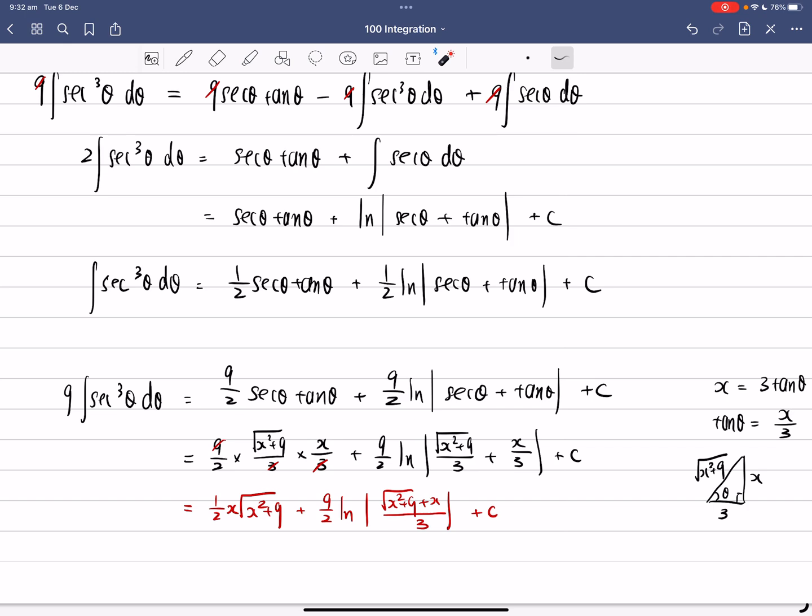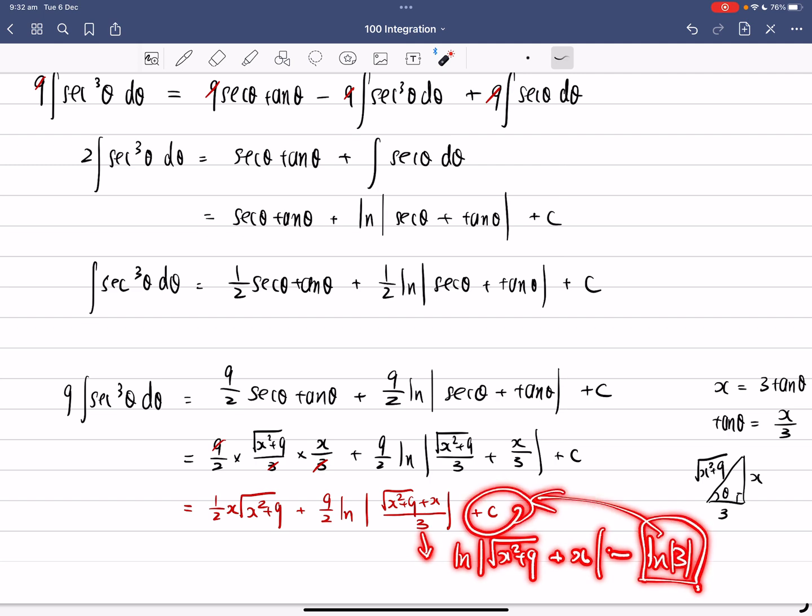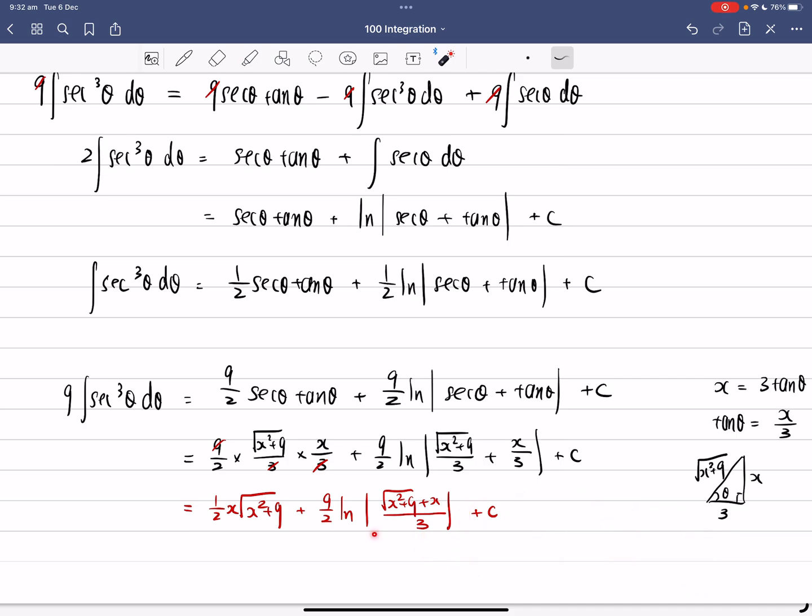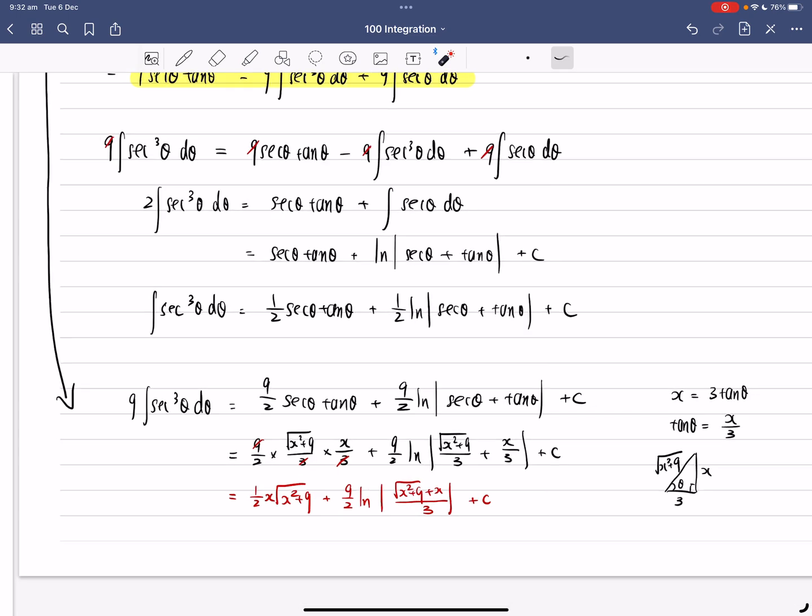Now you can even further simplify what's inside, because using the log laws, you should be able to get ln absolute value of the square root of x squared plus 9 plus x, minus ln 3. And ln 3 is just a constant number, which is going to combine with this constant c here. So you can further simplify what's inside, but I feel like this is good enough. All right, it's very simple, and that looks right. So that's how you do this question.